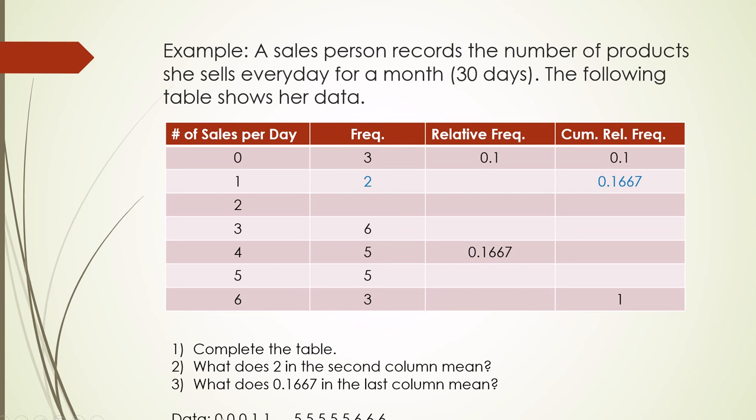So this salesperson recorded 0 three times, and then 1 because there were 2 days where only one product was sold. You can keep going like that. There were 3 days where 6 products were sold. So writing the data explicitly may help you understand these frequency tables.